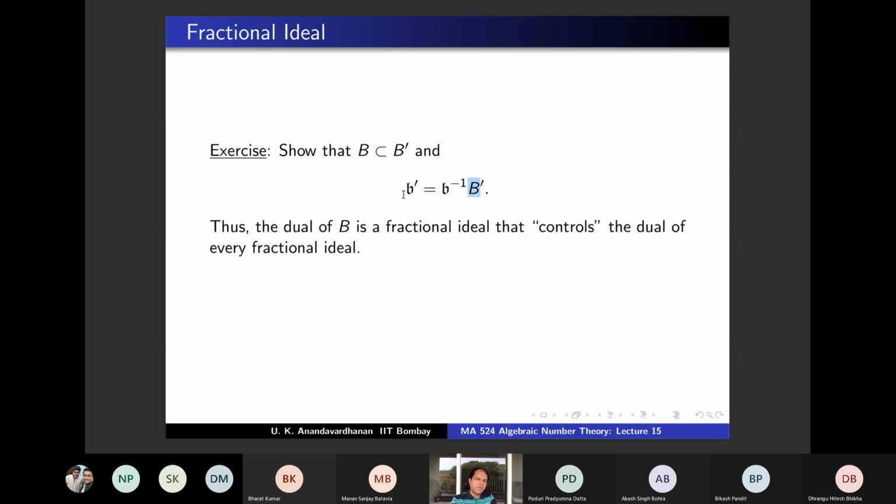If you have any fractional ideal, its dual is determined by this. You can take the inverse and multiply with this, and that is exactly the dual. So this dual has a nice description in terms of the dual of the most obvious fractional ideal, which is the unit ideal. I saw this sentence in this reference.